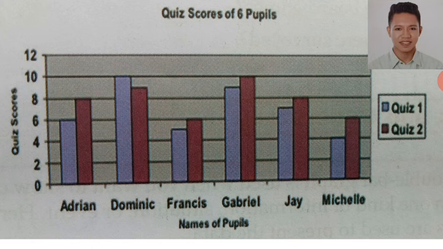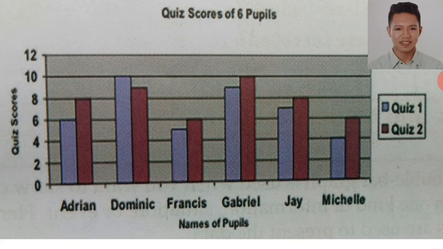After you label the vertical and horizontal axis, that's the time to draw the bars from this chart. Adrian got 6, so from 0 to 6, and he got 8 for the second quiz, so 8. Dominic for the first quiz is 10, and Dominic got 9 for the second quiz.